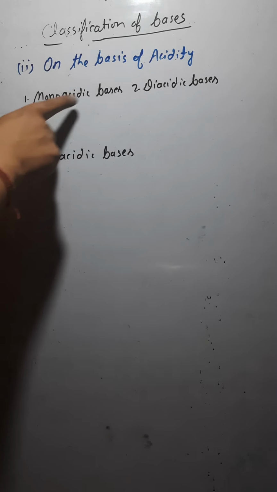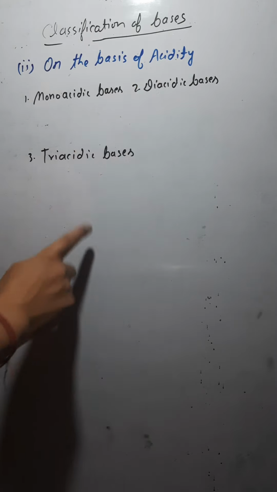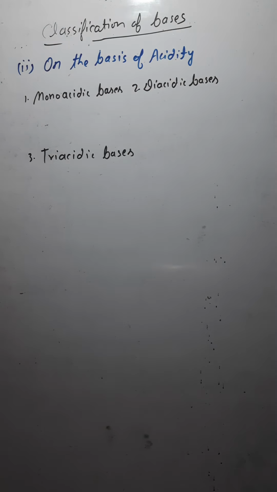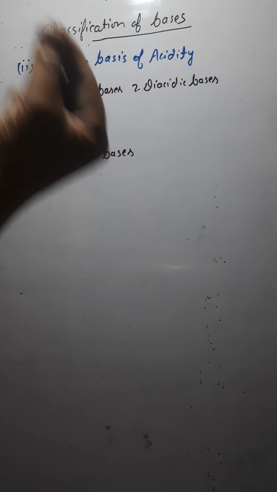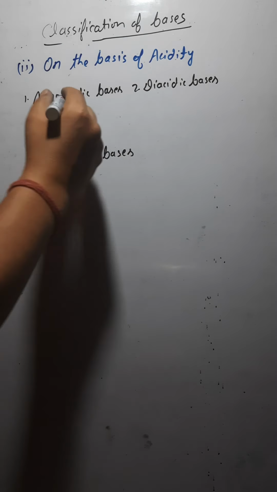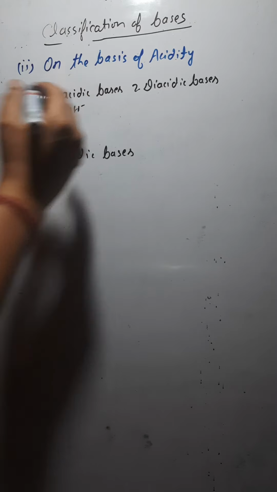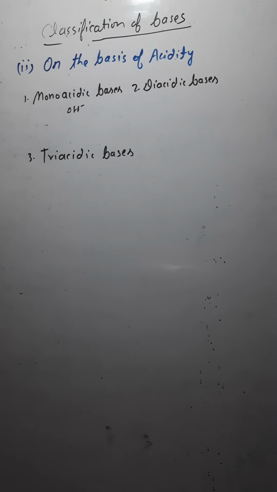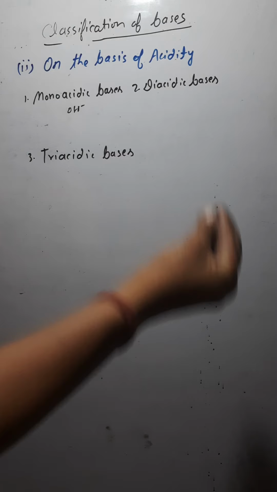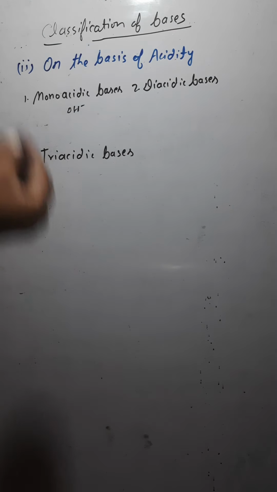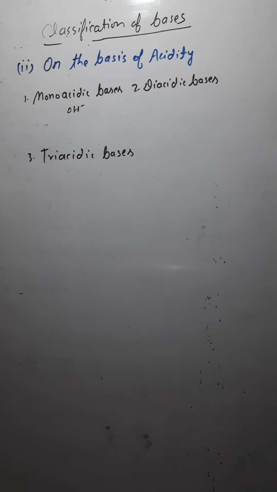First one, monoacidic bases, then diacidic bases, then we have the triacidic bases. Monoacidic bases means the base or alkali on complete ionization produces one hydroxyl ion, one OH negative ion in the solution. If the base after complete ionization produces one hydroxyl ion in the solution, you would call such a base a monoacidic base.